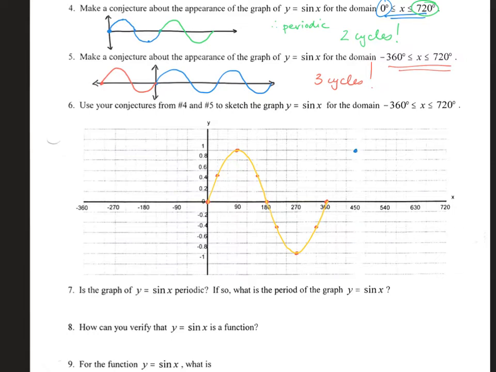There's my maximum. My next key value is going to get hit 90 degrees after that. My next key value, 90 degrees after that. And my next key value, 90 degrees. I know that I can break my curve up into its quarters.